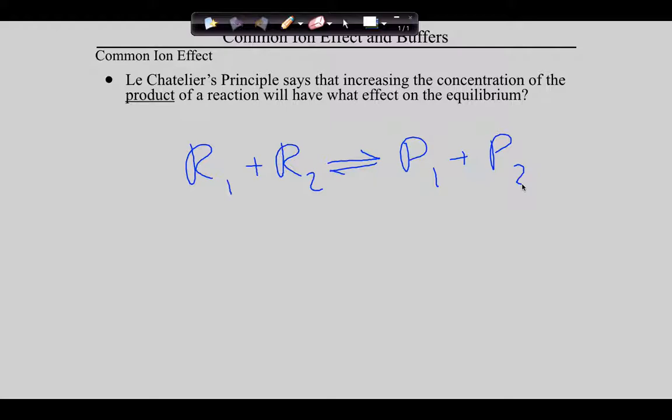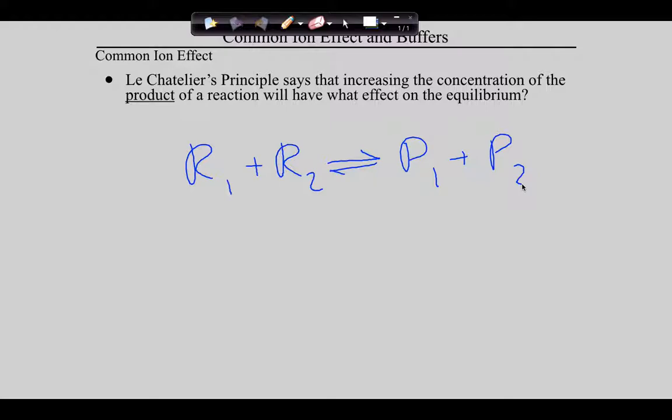Yeah, well, we understand the predictor, right? Same side does the opposite, opposite side does the same. But how do we say it? Good, and we could do it that way, right? We could say shifts. And so shifts which way? Left. Are you guys okay with that? So increasing the concentration of a product shifts the equilibrium to the left.